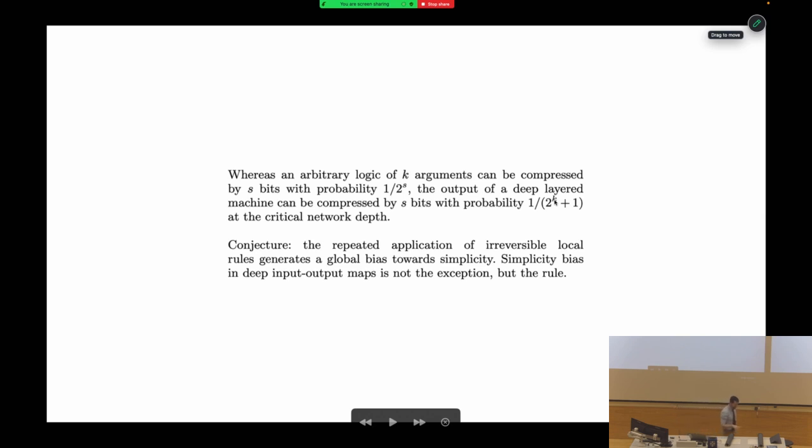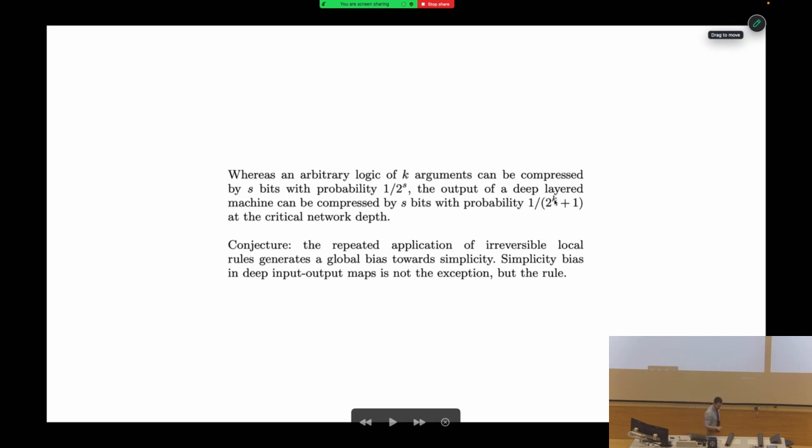Now, I want to make a conjecture: simplicity bias, which we see in biological systems, particularly thermodynamic processes like protein folding, RNA folding, protein self-assembly, and also in iterated deep layered machines or neural networks, is not an exception.